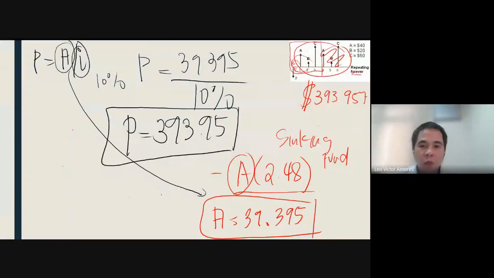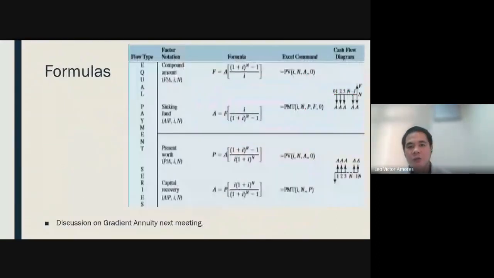Okay? Wala rin pangutana? So, mauni siya ang summary of formulas ninyo nga i-check. So, magamit na ninyo on your assignment number 2. And then, you can already upload a file submission for assignment number 2.